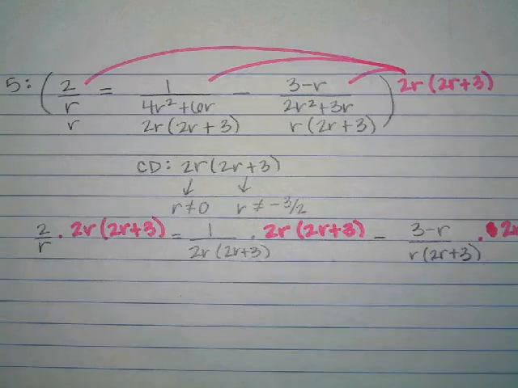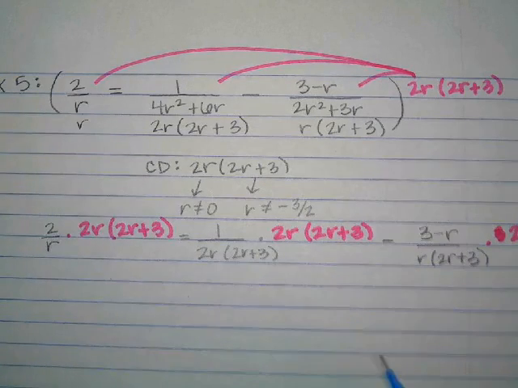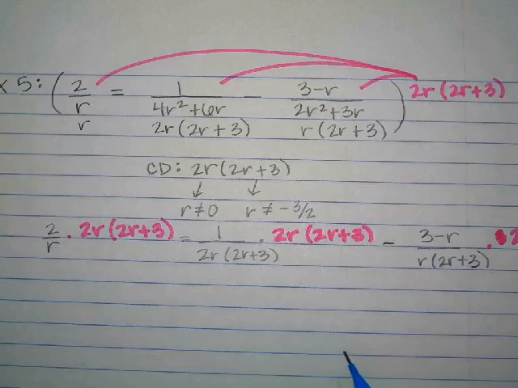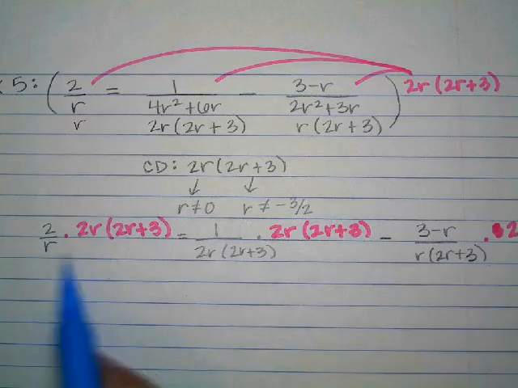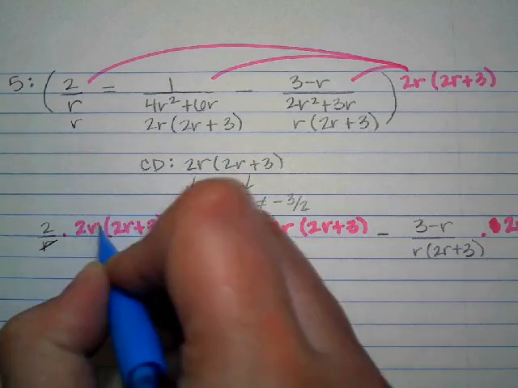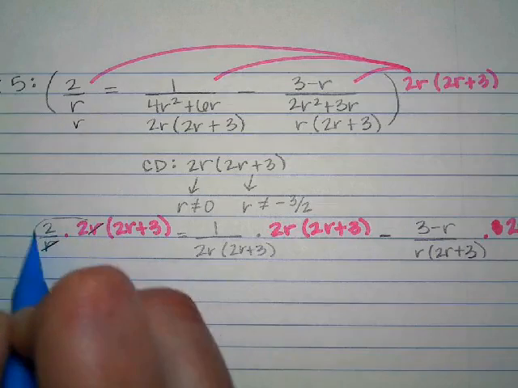All right, so from the first term, what cancels? The R cancels. And we have a 2 times 2, which is 4.